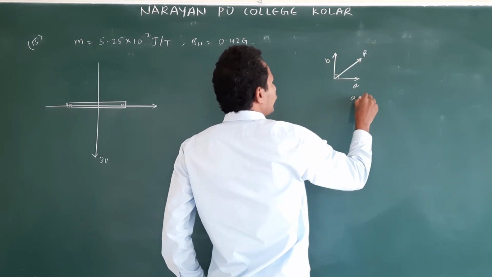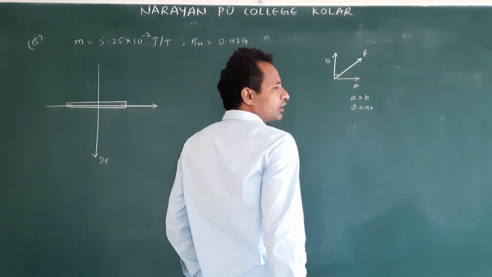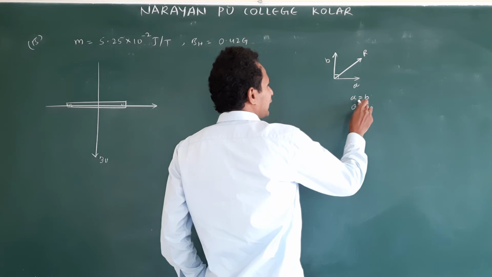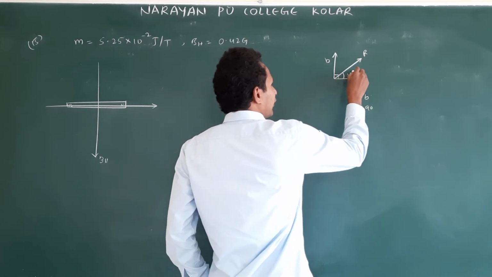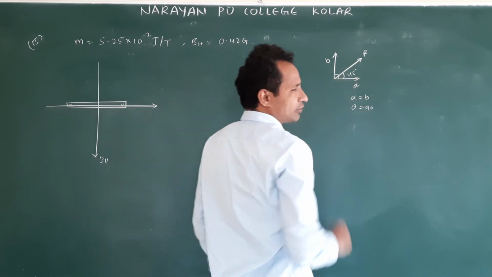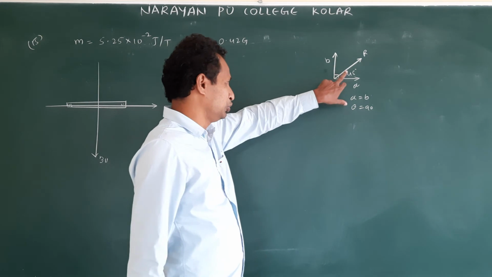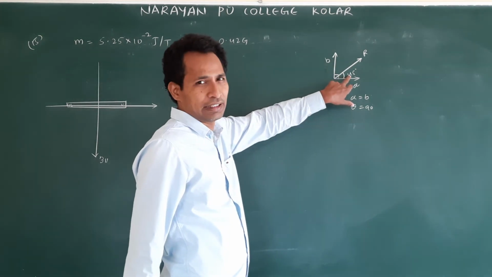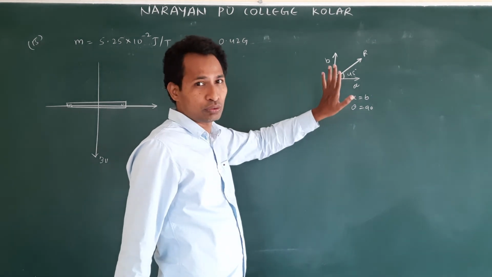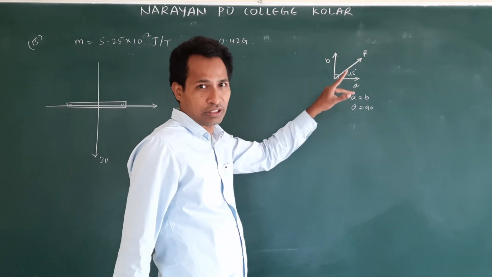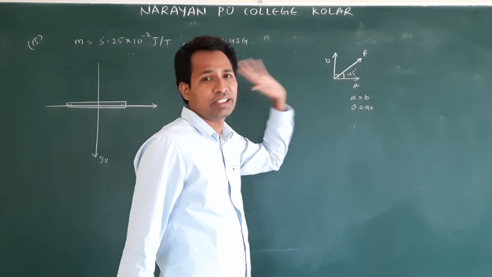If A is equal to B and theta is equal to 90 degrees, then the resultant will act at 45 degrees to each vector, either A or B. What does it mean? To have a 45 degree resultant vector with any one vector, two vectors must have equal magnitude and act perpendicular to each other.